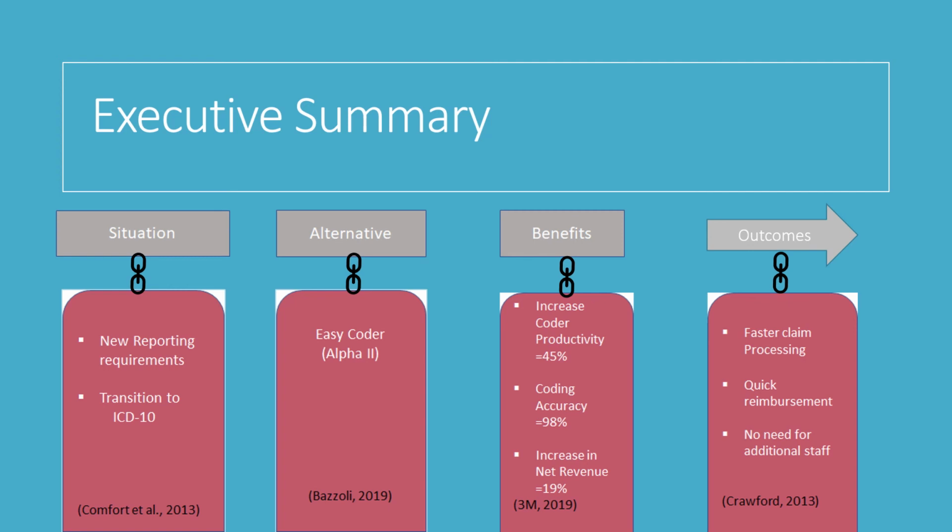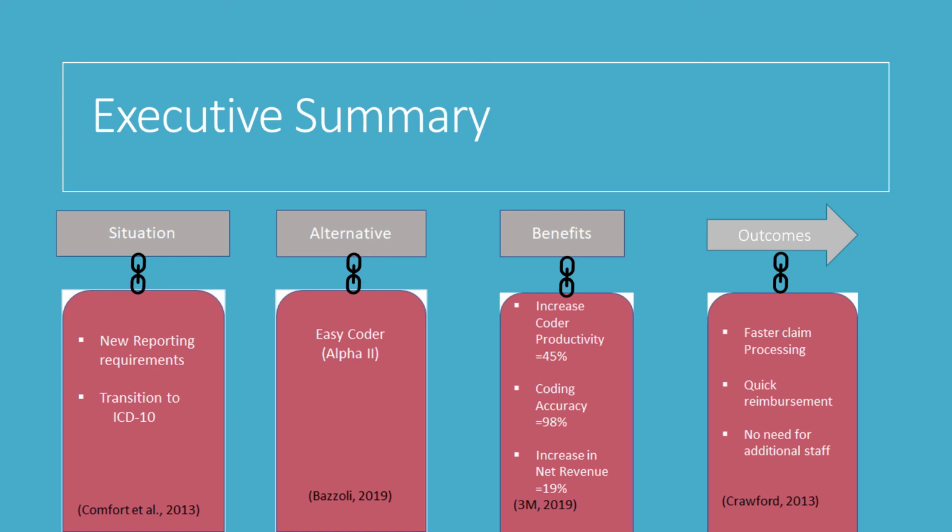Examples include the Health Information Technology for Economic and Clinical Health Act, HITECH, correct coding initiatives, and payer-specific coverage policies. Another is effectively transitioning from ICD-9 to ICD-10.